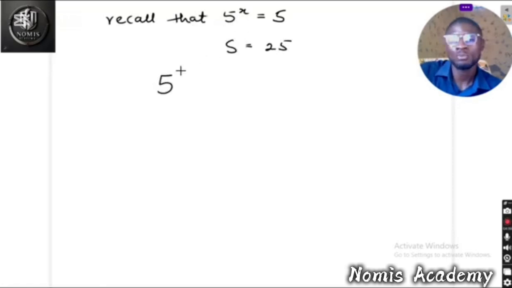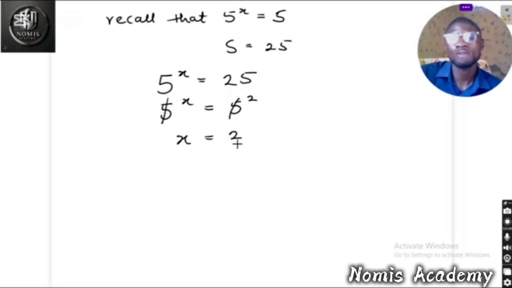So 5 raised to the power of x equals 25 since it's equal to s. So 5 raised to the power of x is equal to 5 raised to the power of 2. They look alike now, so I can take x to be the value of 2. So 5 goes for 5, x is equal to 2.